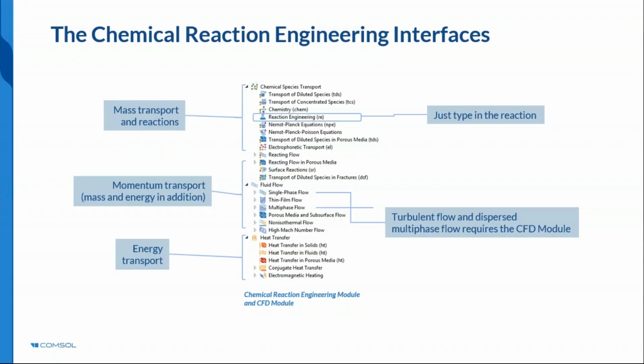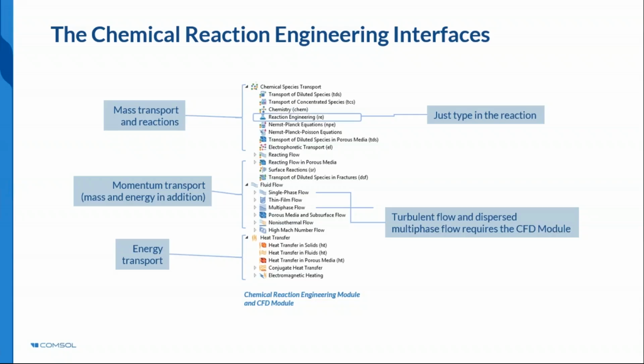The reaction engineering interface is a 0D physics interface used to compute the mass balances and energy balance equations describing ideal reactor systems. It assumes a perfectly well-mixed and well-defined reactor, and while this is not the case for our biosensor, it can be used to quickly generate the required physics interfaces in a space-dependent model.